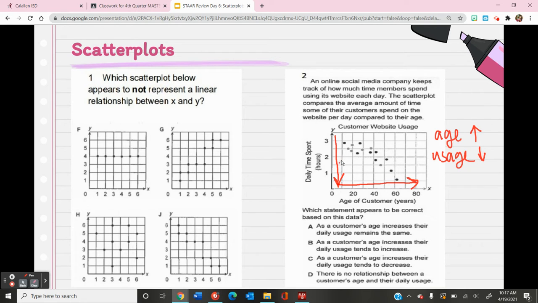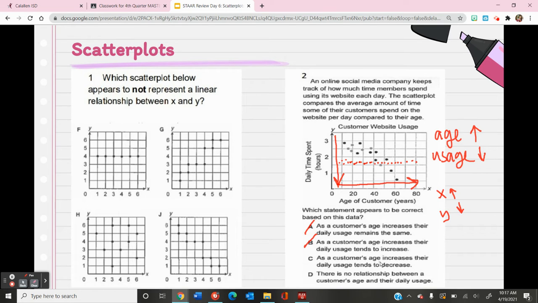So looking at my statements here, A: as the customer age increases, their daily use remains the same. If that were the case, my points would be in a straight line, and that is not the case here. B: as the customer age increases, their daily usage tends to increase. Here my graph would be at an upward trend, and again here it's at a downward trend. So B is incorrect. As my X value increases, my Y value decreases.